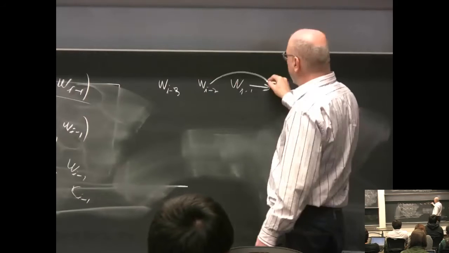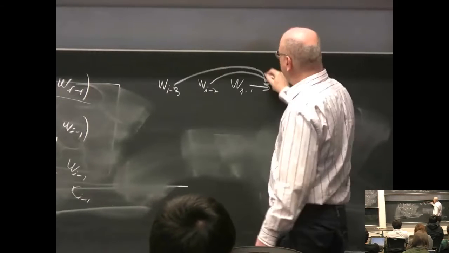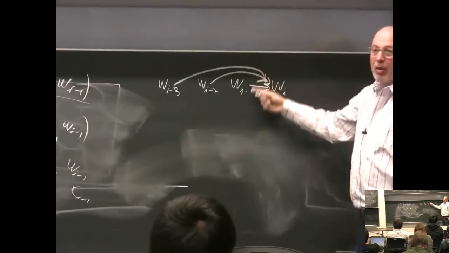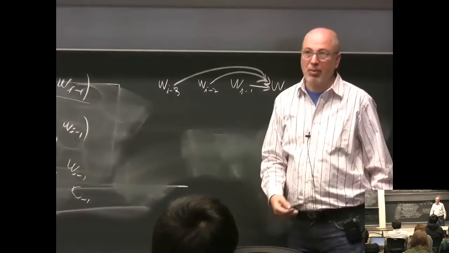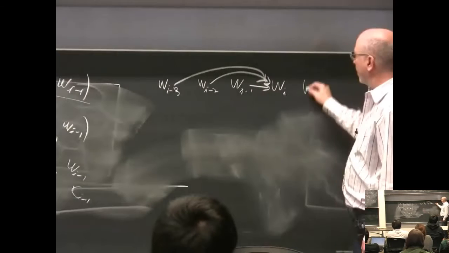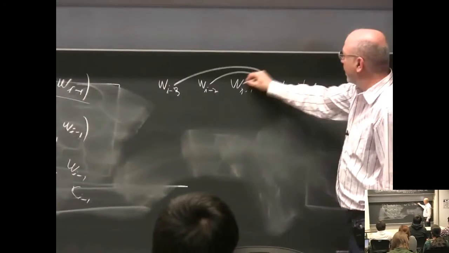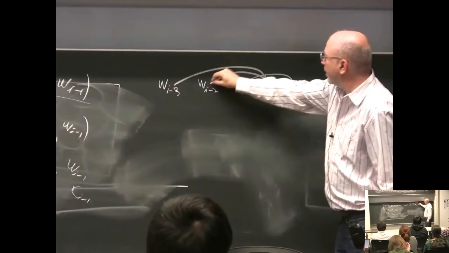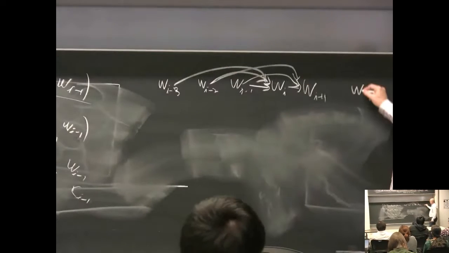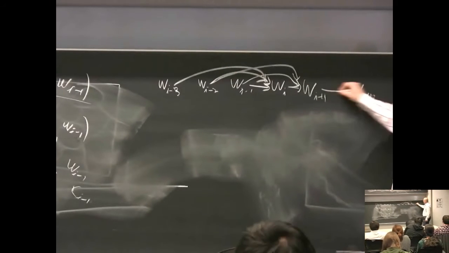It also depends on w_{i-2} and w_{i-3}. These three arrows say that it depends on all three in some way. And then the next word, w_{i+1}, will depend on this one, and this one, and this one, and so forth.